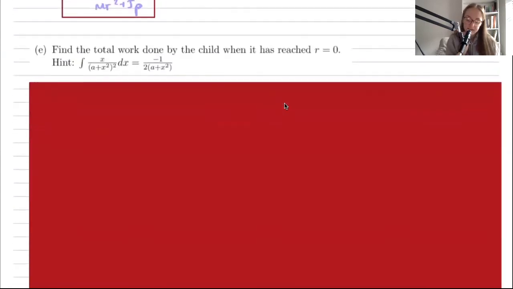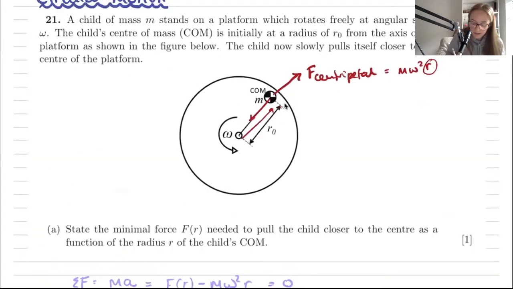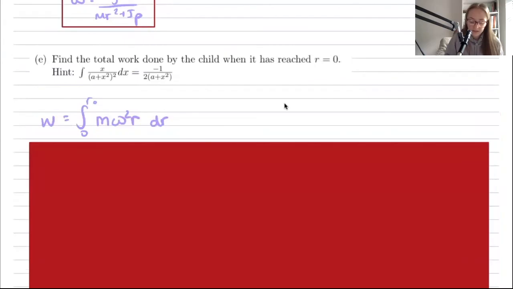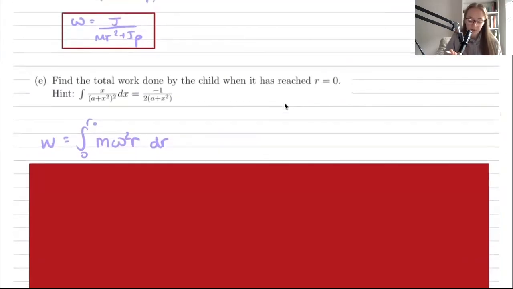Okay, so next it's asking us to find the total work done by the child when it has reached R0. So as it's traveling from the outside here into the inside, what is its total work? So we said previously that the work was the integral of m omega squared r. But at this point, we know that omega isn't a constant. It is also changing with r.